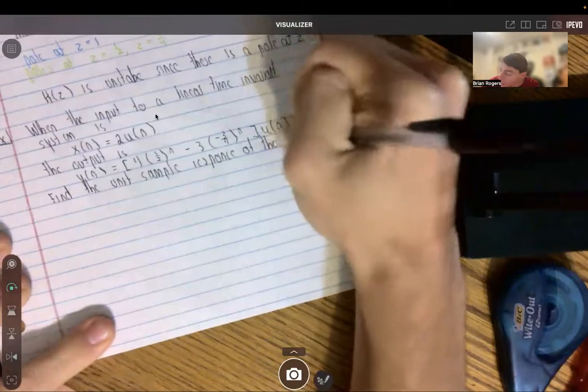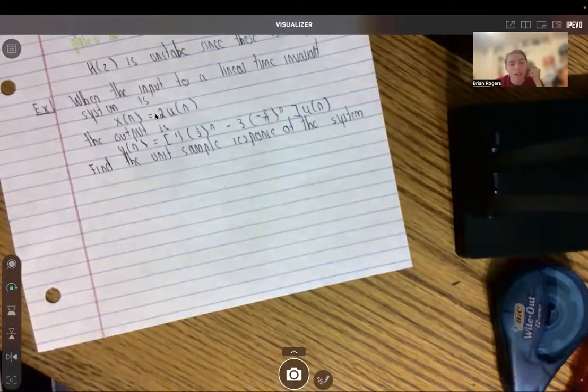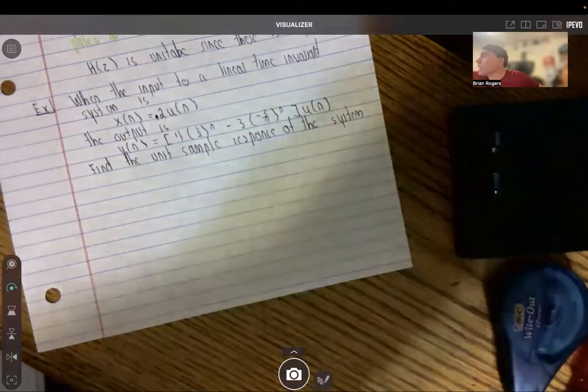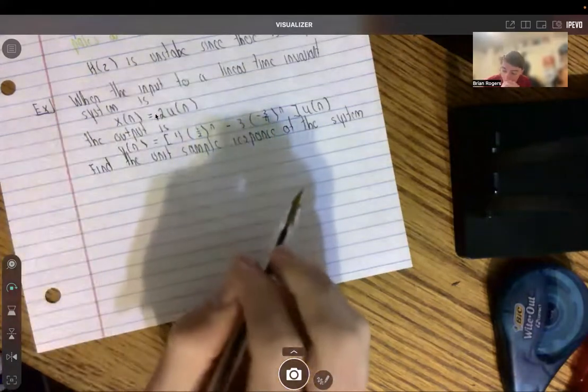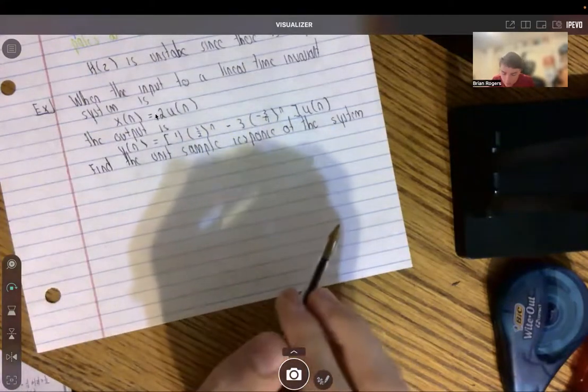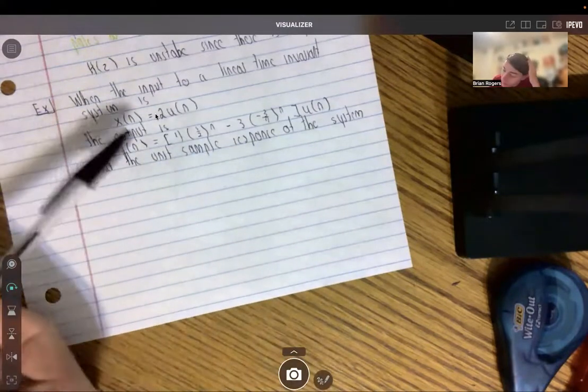Remember, when you take a sample, isn't that the impulse you apply right there? So finding the impulse response is basically what this is saying. And so in order to determine the response, we're going to have to find the z transform.